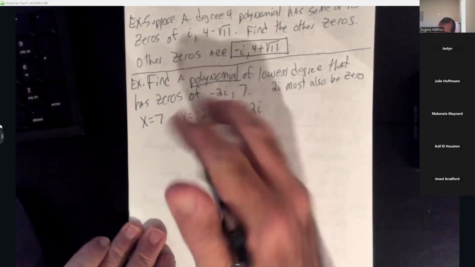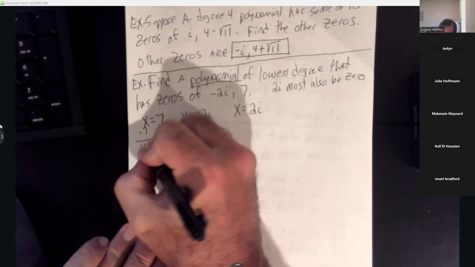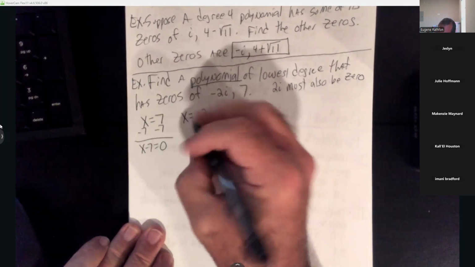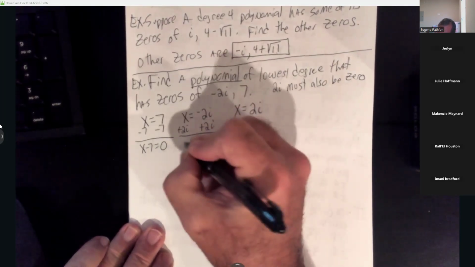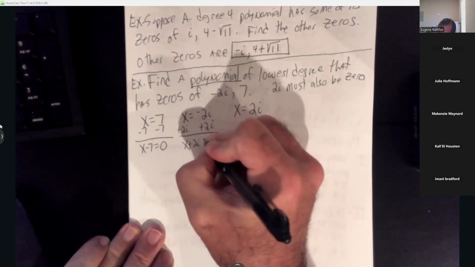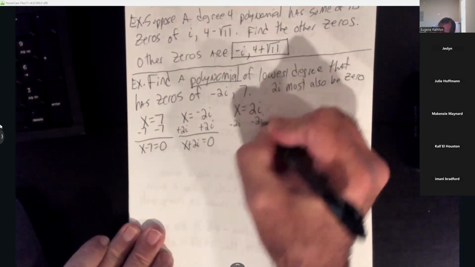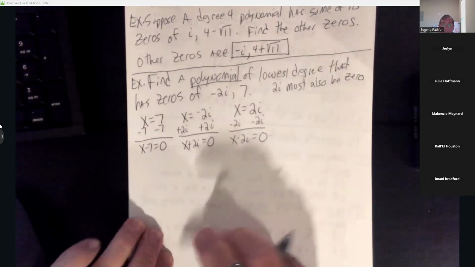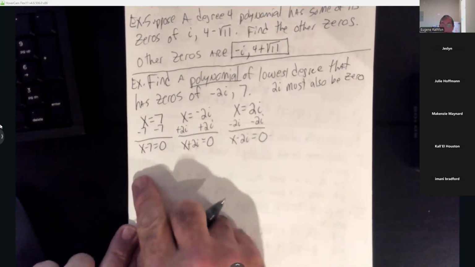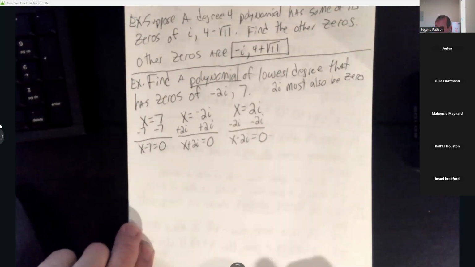I'm going to get zeros on the right side by subtracting 7 on this one, adding 2i to this one, and then subtracting 2i from my last one. And then remember, put them all in parentheses equal to a big 0.